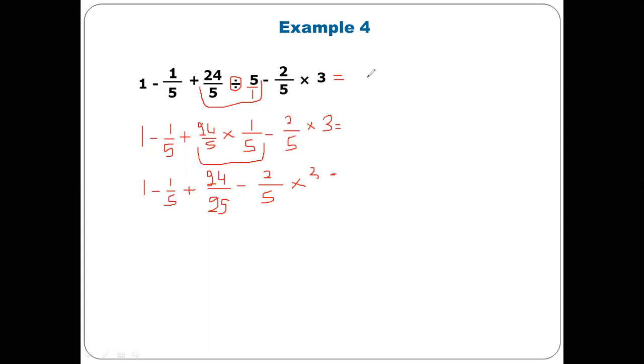Now, I look at the expression again: subtraction, addition, subtraction, multiplication. The priority goes to the multiplication. I put 3 over 1 to make it a fraction. I copy the rest of the expression now.